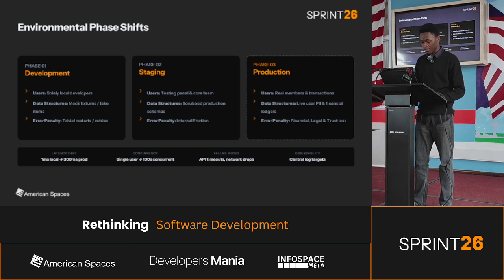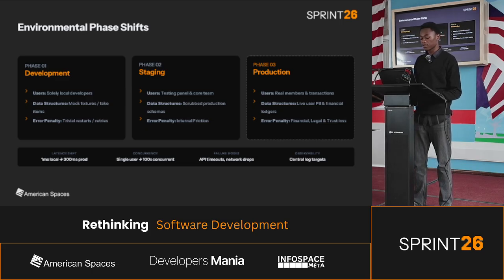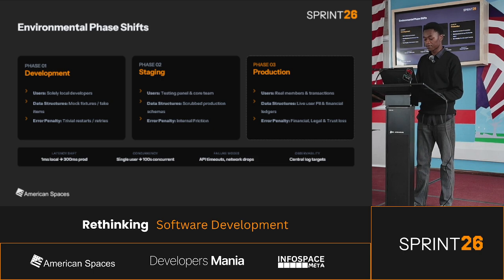Then we have latency, which is the difference between how far your product and your database are. For example, in development, your system is locally 1 ms far from your database, but when it's in production, it will be almost 300 ms across regions.